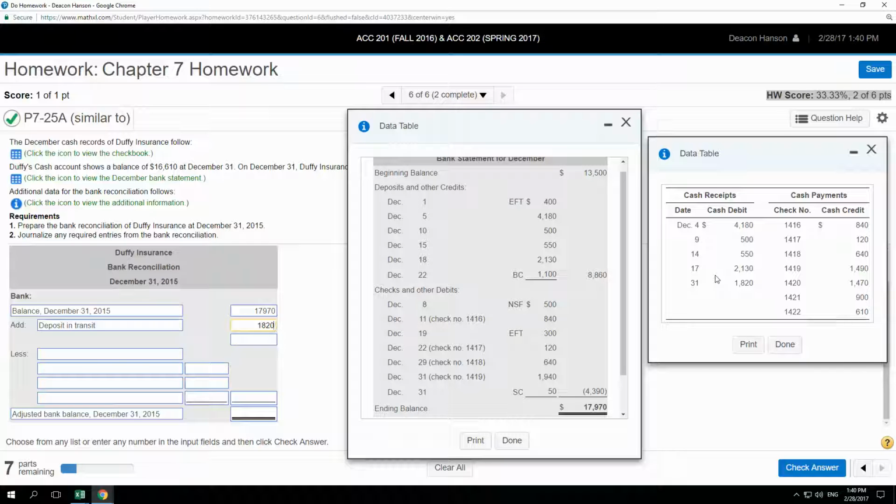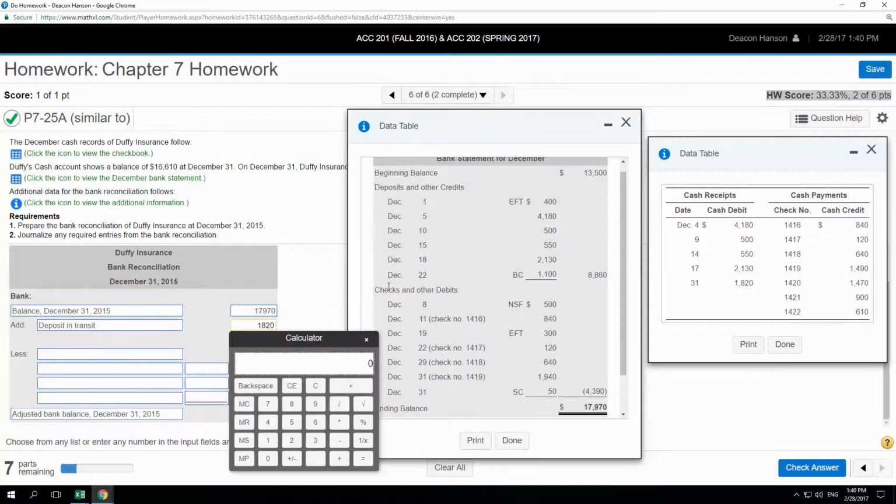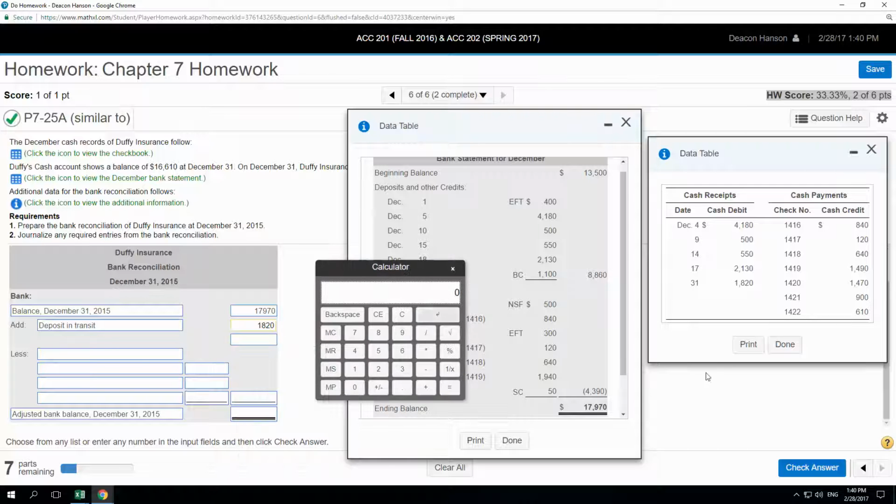But when you do the bank side of this reconciliation, you look from the book statement to the bank statement. When we do the book side, we're going to go the opposite way. So I'll make a subtotal here. When in doubt, use your calculator. 17,970 plus 1,820. So we got a subtotal.